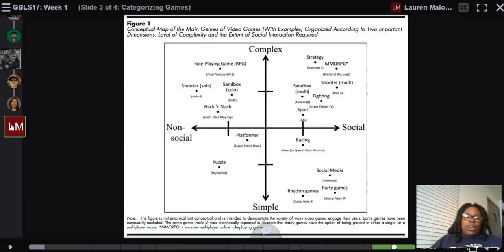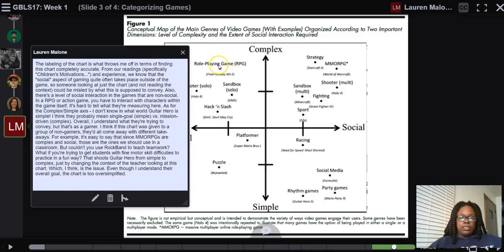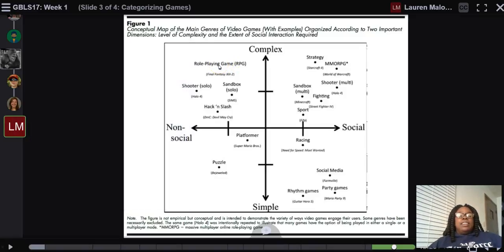A game like Final Fantasy, that they talk about here, could be used in a social way in the class if you have them play it and then talk about it. Our readings talked about how a lot of times the social aspect of the game takes place outside of the game. I also went into how you can interact with people within the game itself, so that might be social.